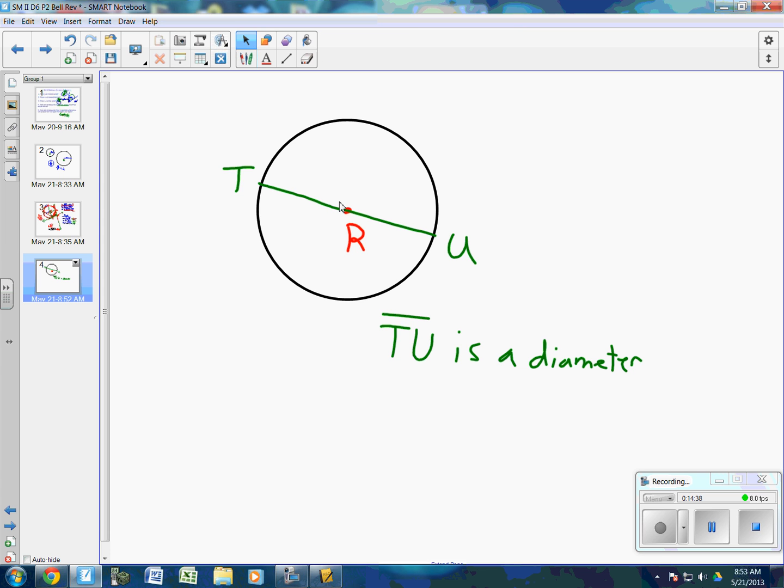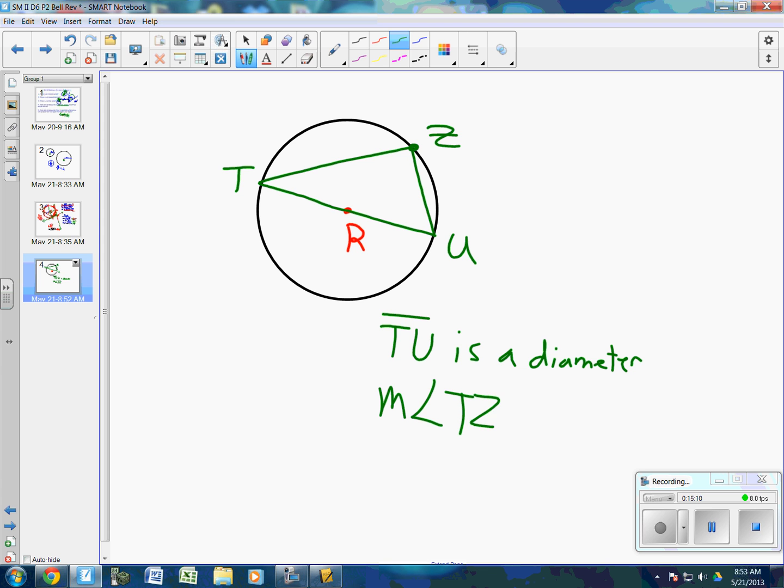And I choose a point right here, and I draw two chords from that point. I'm going to call this point Z. I am going to draw a chord from Z to T and a chord from Z to U. I want to know the measure of angle TZU. When you know the measure of angle TZU, raise your hand.